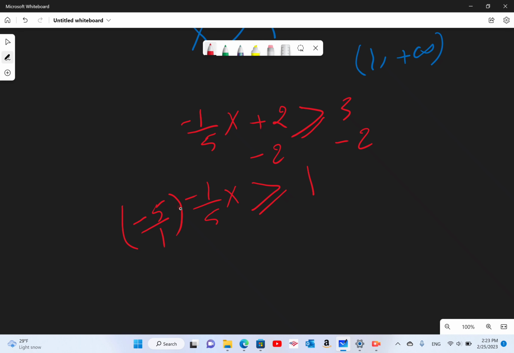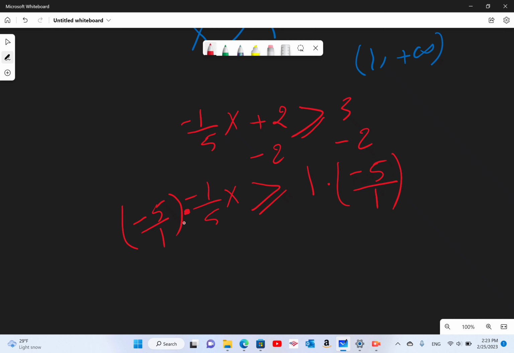Notice that we are multiplying here, and what we do to the left side, we have to do the same thing here. So we multiply by negative 5 over 1, or just negative 5, but let's write negative 5 over 1 so you don't get confused.